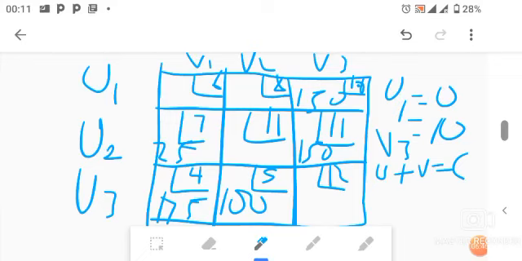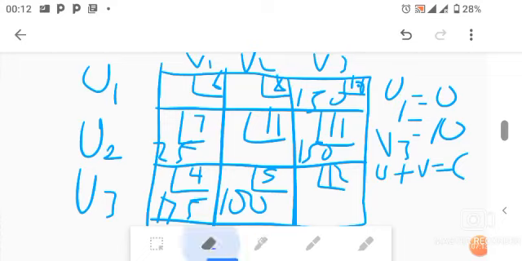If you look closely, the box that will really help you get the u2 value is the box that falls in the column of v3. Why do I go for that one? Because we know that v3 now has a value, and that box that corresponds with v3 and u2 can definitely give you the value for u2.